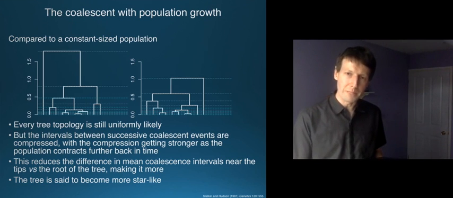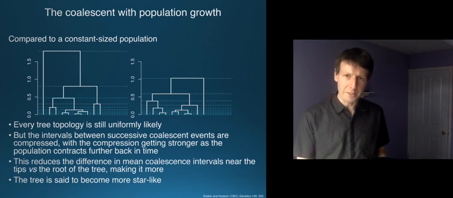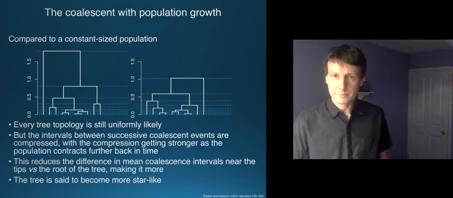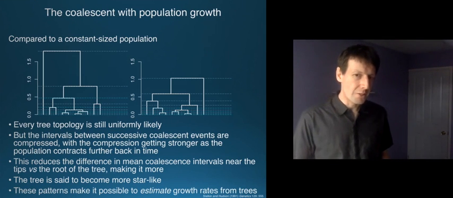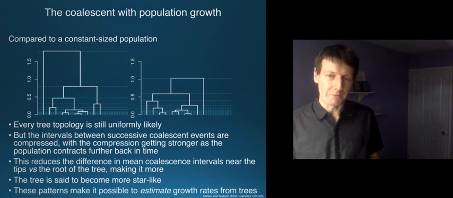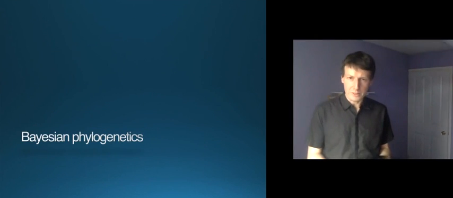For example, that the population has expanded, moreover how quickly it expanded, and when it started to expand. And so one's able to estimate growth rates from sequences via the trees that we can infer from them. And typically this is done in a Bayesian framework.